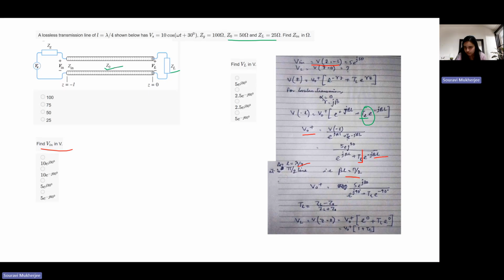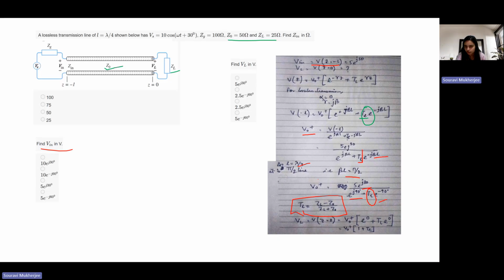Now this is known, this is known, you just have to find Gamma L. Gamma L is the reflection coefficient, given by this relation here. You know ZL, you know Z naught, how different they are from each other, so you know the reflection coefficient. Basically now you know all of it.